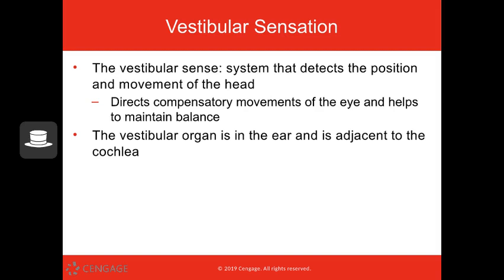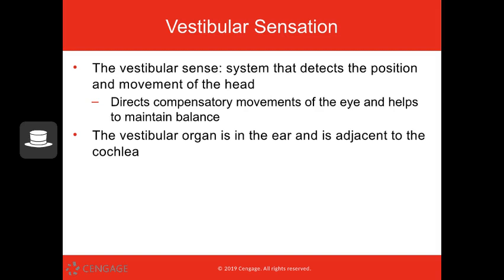The vestibular sense is a system that detects the position and movement of your head. So it directs compensatory movements of the eye and helps you maintain balance. So as you're moving your head around, just move your head around. You might not notice this because your brain's so good at doing this, but your eyes are going to move as well, especially if you're focused on something in the distance, right?